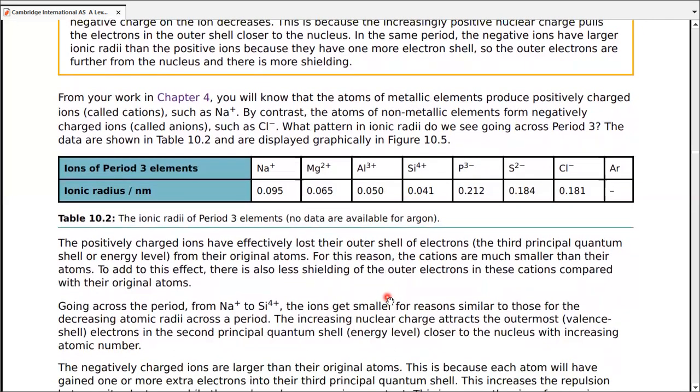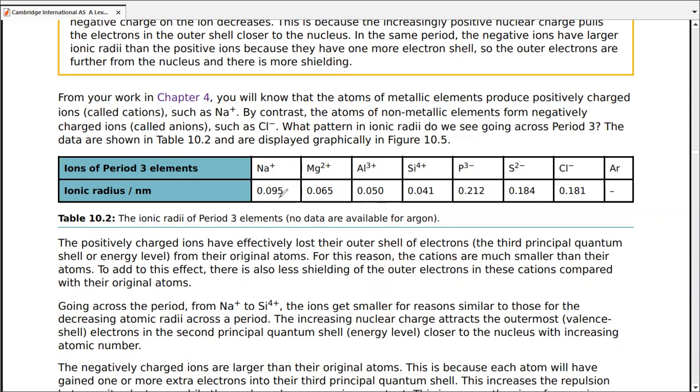This has to be done in detail. I want to make sure that you are able to compare not just the trend starting from the left of the period going all the way towards the right of the period, but you also are capable of talking about the contrast of any two positive ions or any two negative ions.